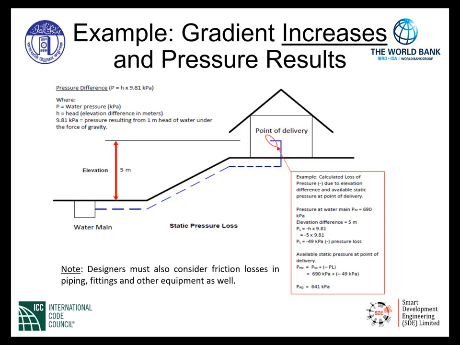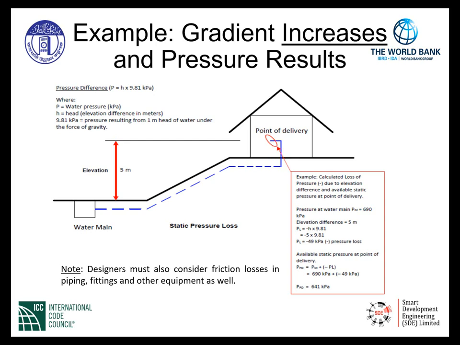So the static pressure loss is calculated according to our example. The example given in the box located at the right side of the slide indicates calculated loss of pressure. This will be negative due to elevation difference and available static pressure at point of delivery.